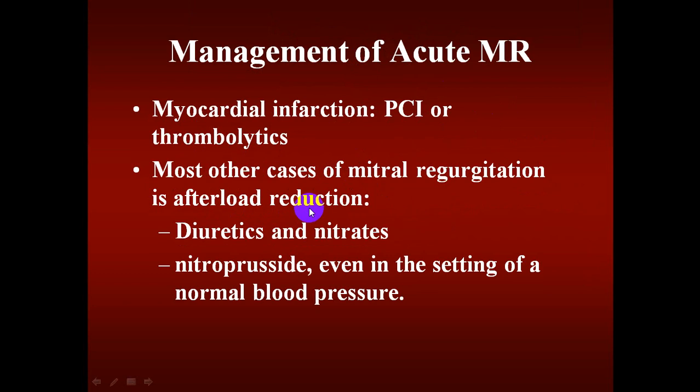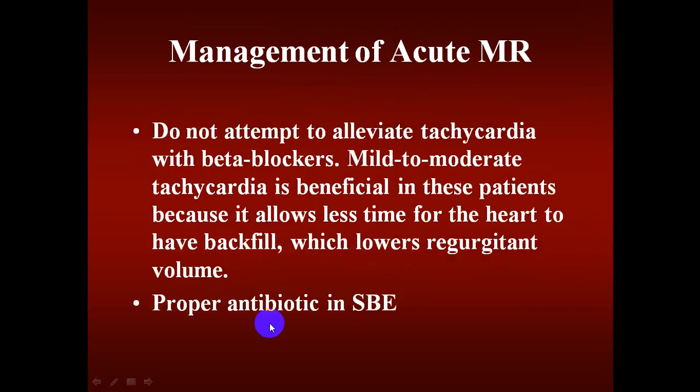Most other cases of mitral regurgitation need afterload reduction, with diuretics and nitrates, nitroprusside, even in a setting of normal or low blood pressure. So don't attempt to alleviate tachycardia in acute mitral regurgitation with a beta blocker.